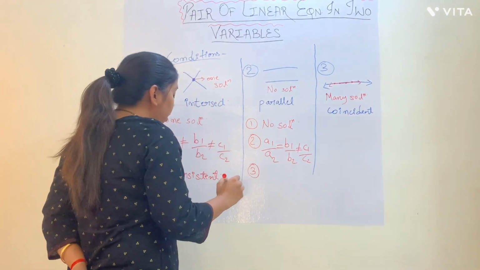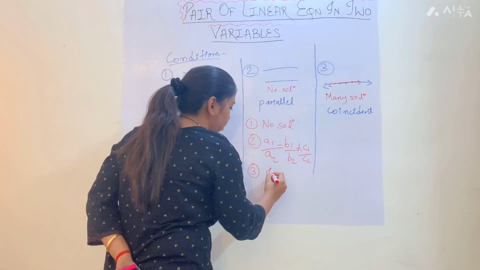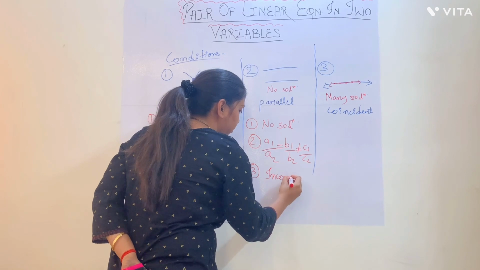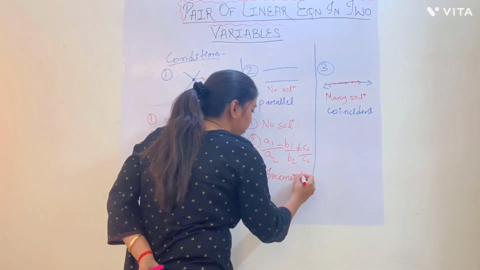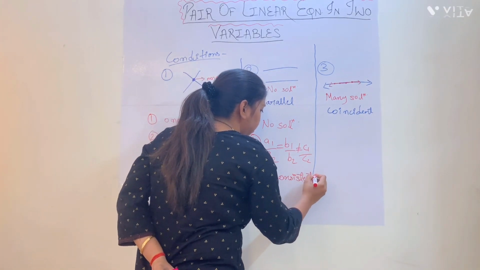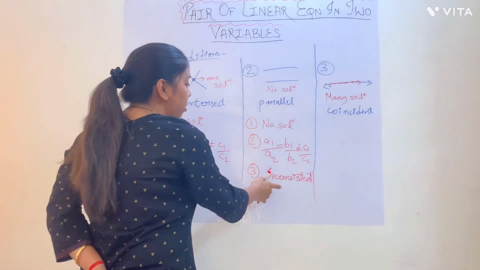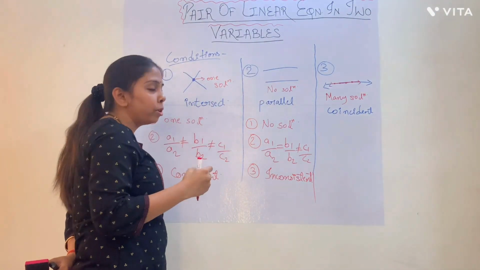And this pair of lines is inconsistent, because there is no solution, no common point.